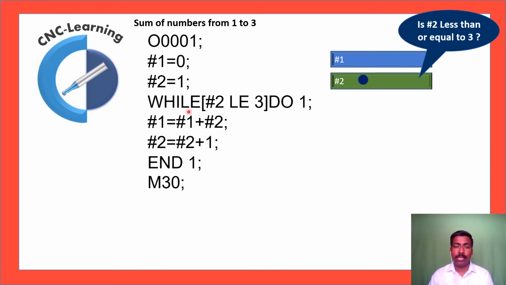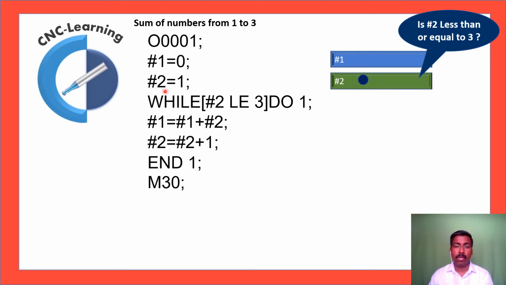Now what does this statement do? This conditional statement can be called a conditional jump also. What it does is: while hash 2 is less than or equal to 3, do. The value of hash 2 will be continuously checked whether it is getting more than the value of 3.